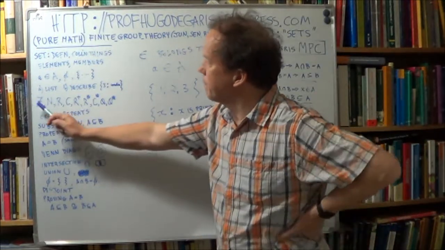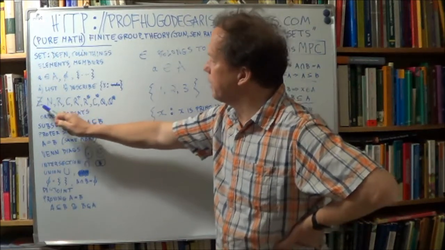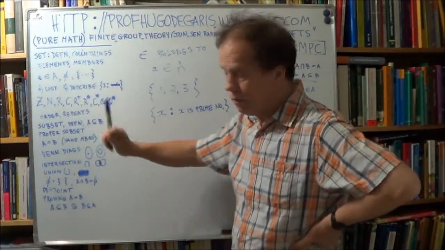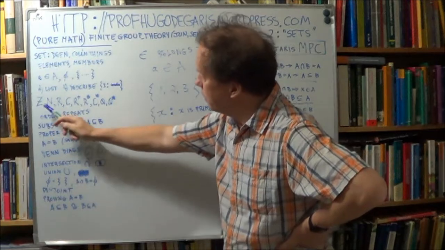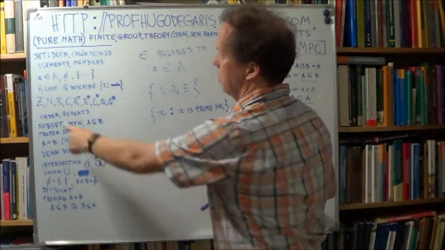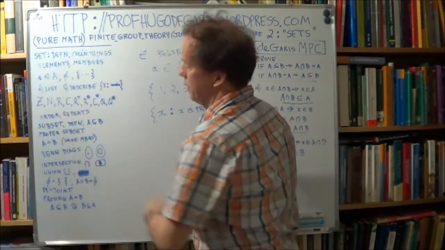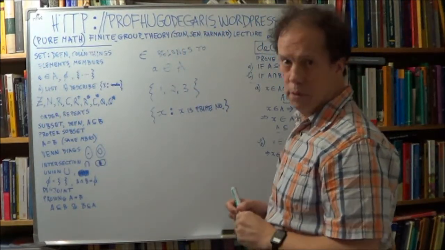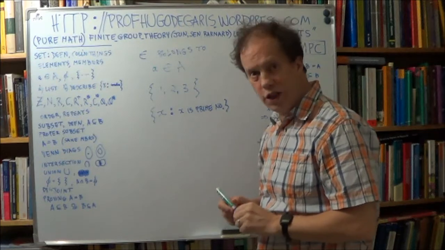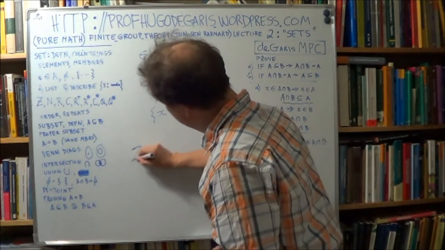All right. Here are some very common sets used in number theory in pure math. So I'll go through some of these quickly. So capital Z, or if you're English, Zed. It's the standard symbol for the set of all integers.